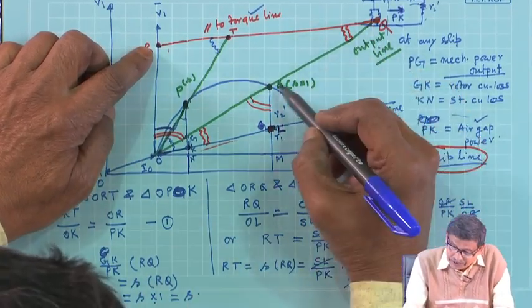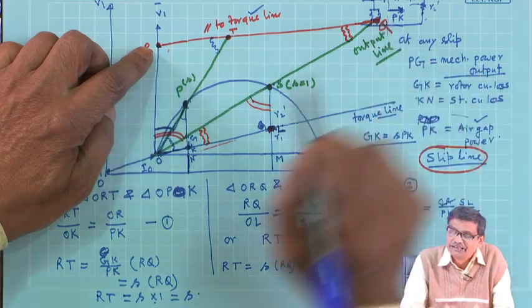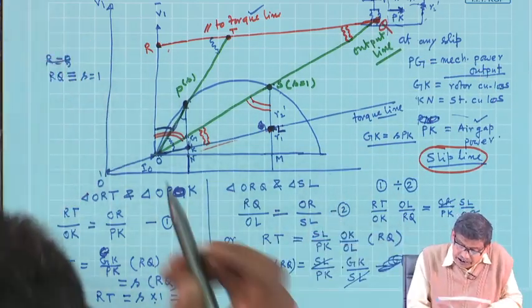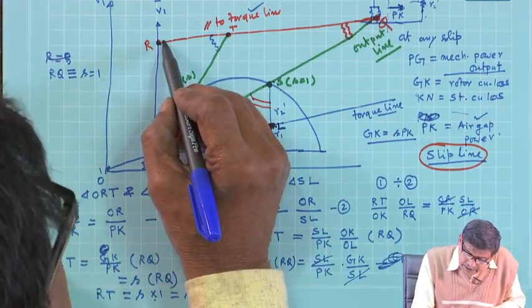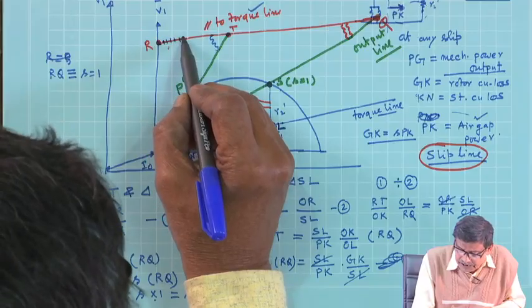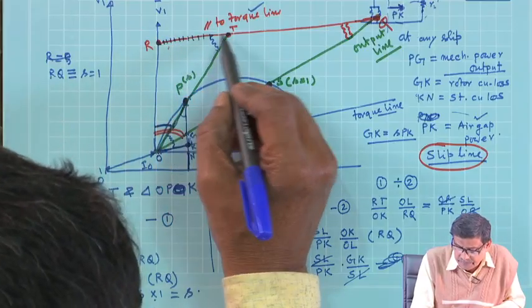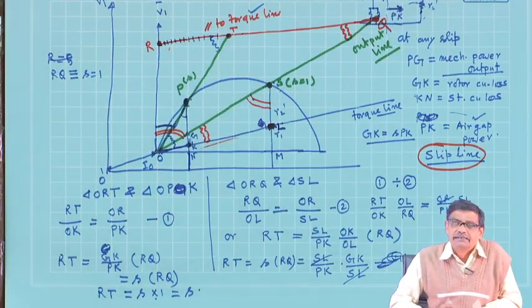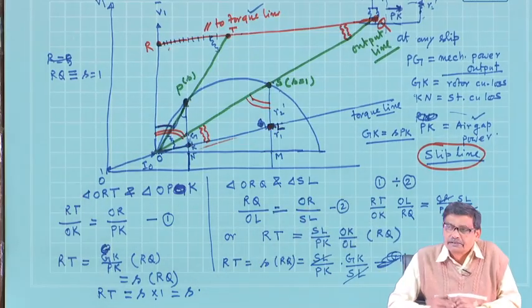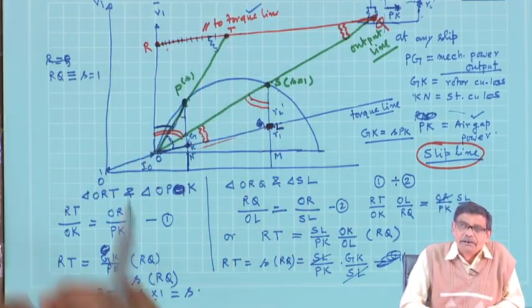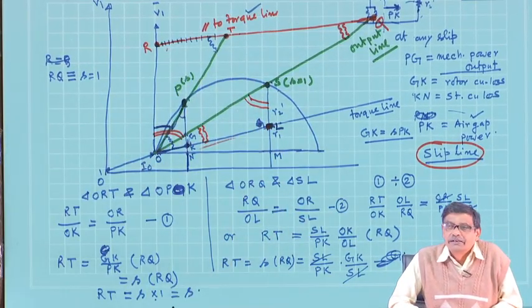Then I will break this up in equal segments, divide this line in 100 segments. So each segment will represent 1 by 100 slip.